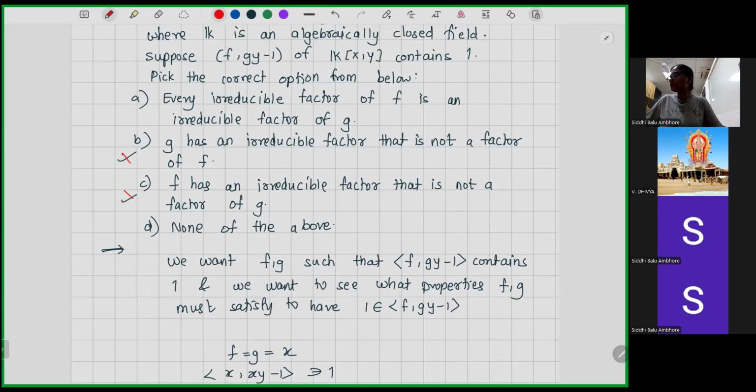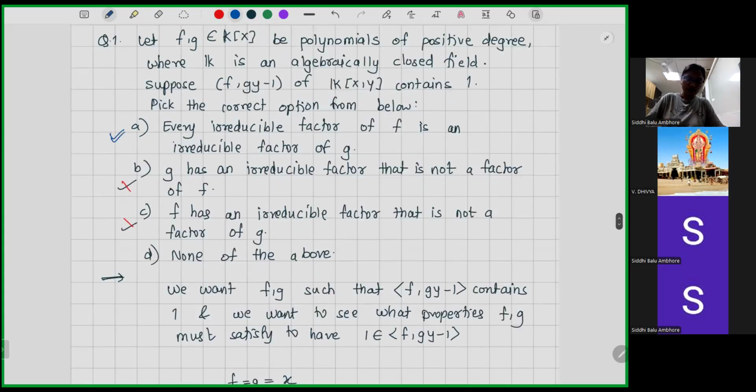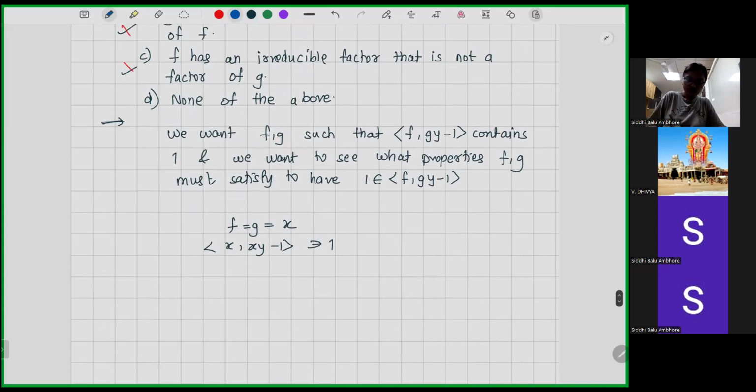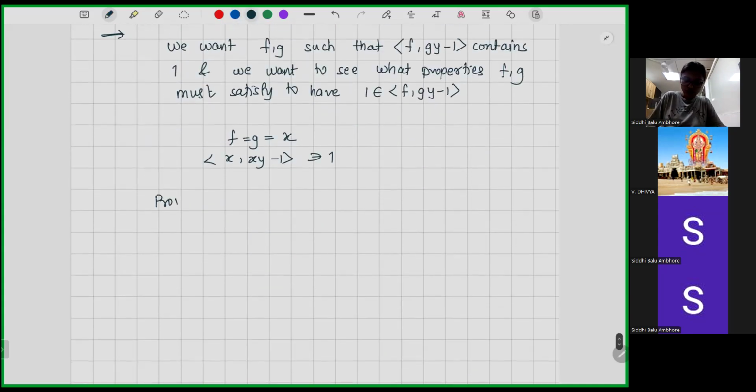Okay, so we will try to prove this first statement. So proof of 1.